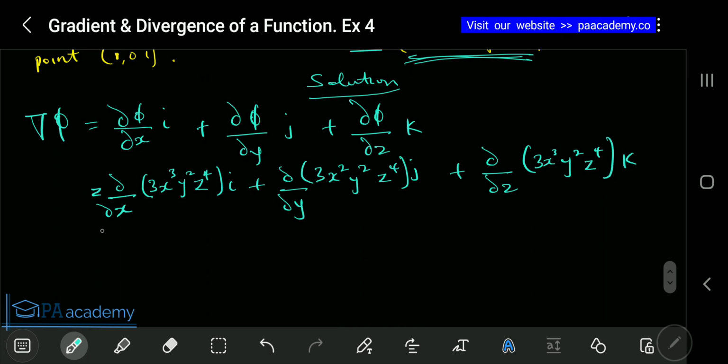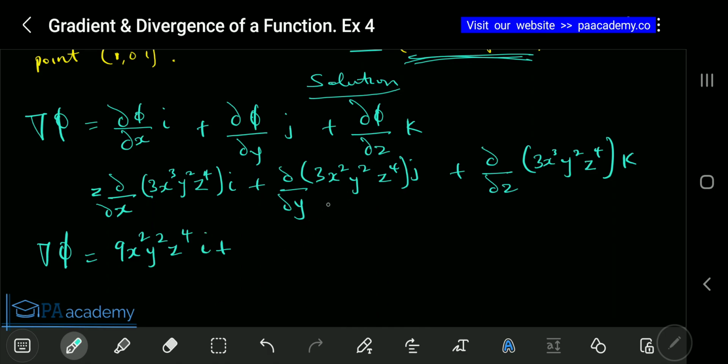All right, so now let's simplify this. If you look for the partial differentiation of what we are having here with respect to x, that will give us 9x squared y squared z to the 4, plus, then don't forget the i.